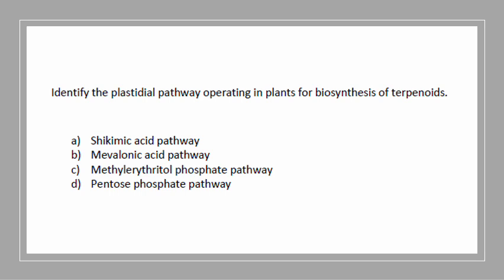Earlier we discussed two pathways that give rise to your IPP. One happens in the cytosol, one happens in the plastid. Think about it, and the pathway that happens in the plastid is the answer for this question.